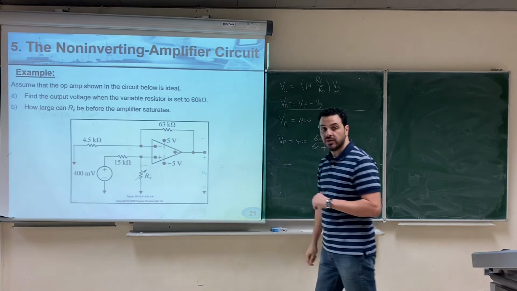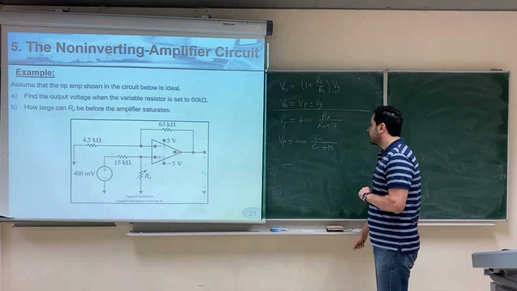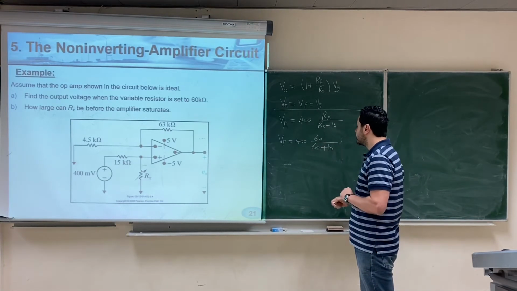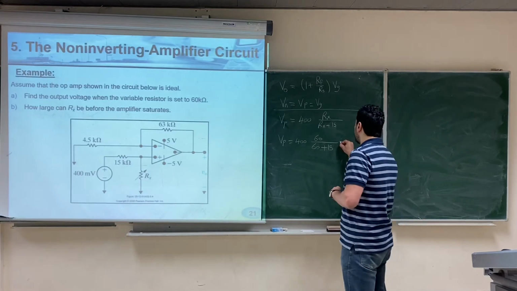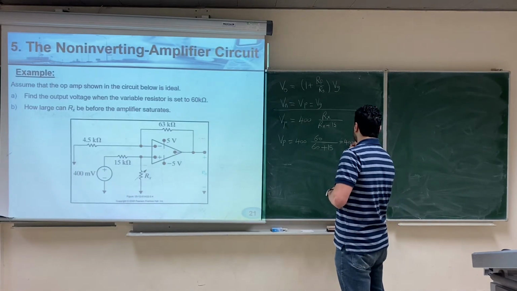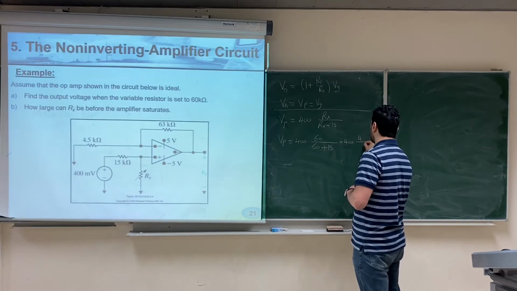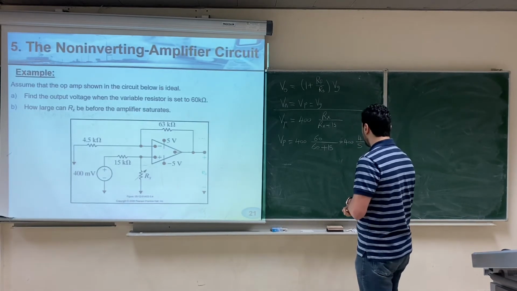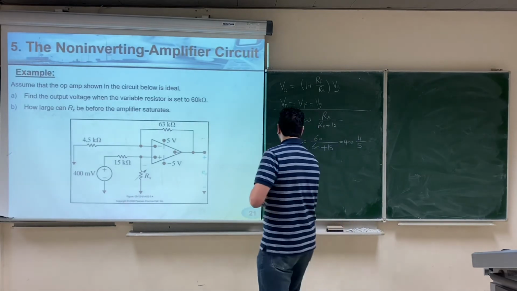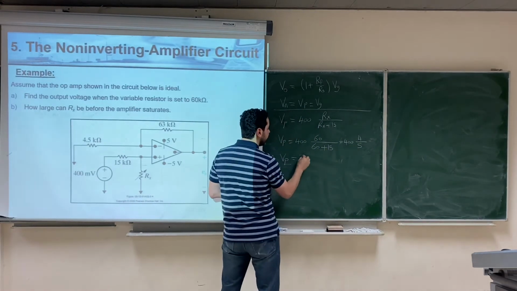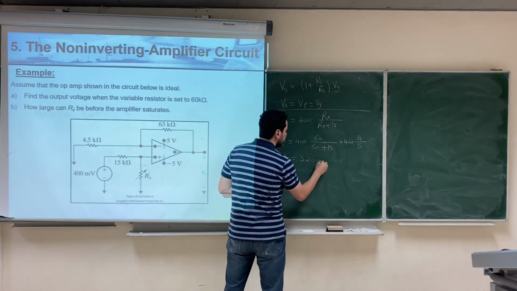You have to make all the units the same, right? So this is 60 over 75, which can be written as 400 multiplied by, if we divide over 15, 4 over 5, which will give you that Vp will be 320 millivolt.